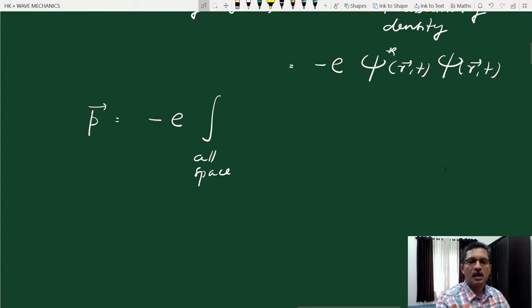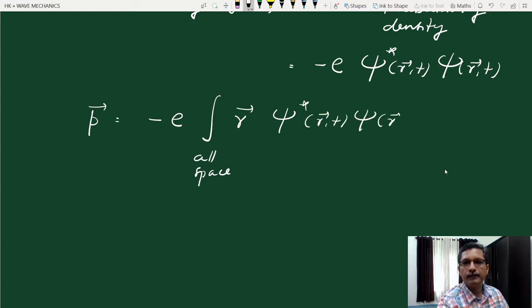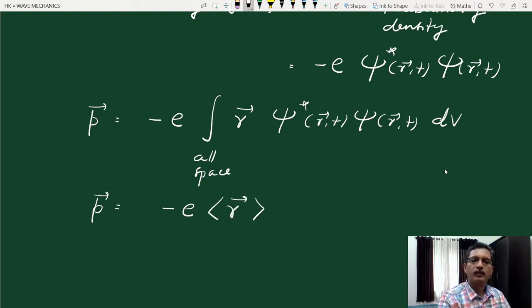So for the charge density I am substituting minus e psi star psi. Minus e is taken outside. So we have position vector r, psi star, psi, volume element. Now look at this integral. This integral is exactly the expectation value of the position vector r. So the dipole moment of the hydrogen atom can be defined as minus e times the expectation value of the position vector r.